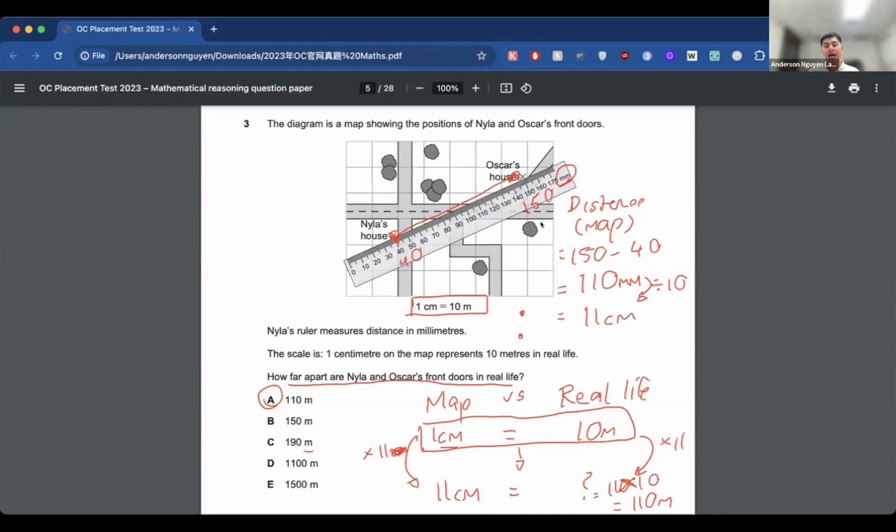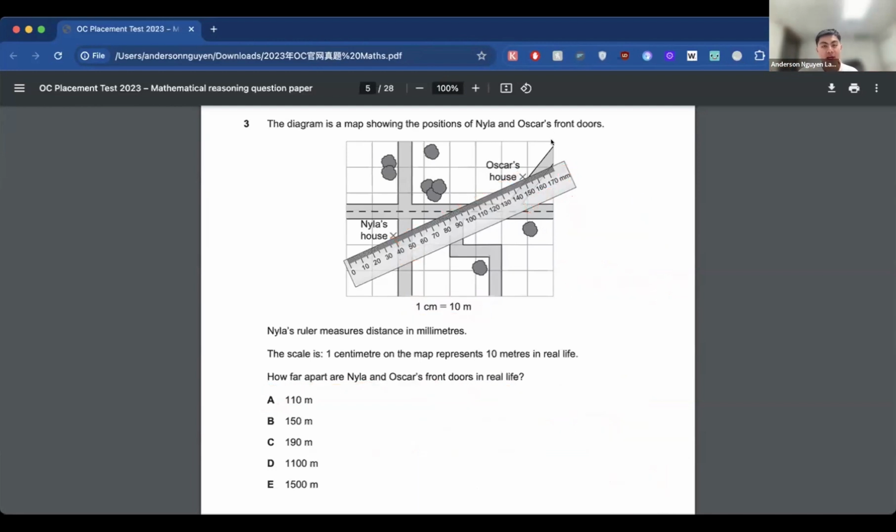Make sure all the units are placed correctly, right? So if you have a map versus real life distance, you're going to get two different things, okay? Two different units. So you got to make sure that if they have the same change occurring, which is timesing 11, the final answers have to also be in different units. Okay. All right. So your answer here was going to be A. Okay.